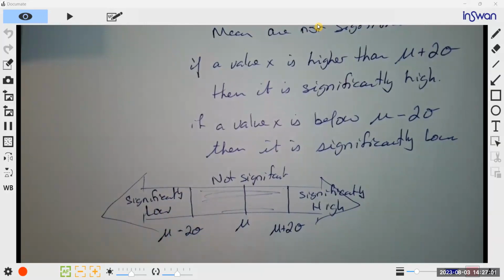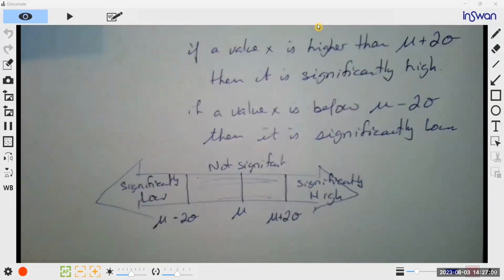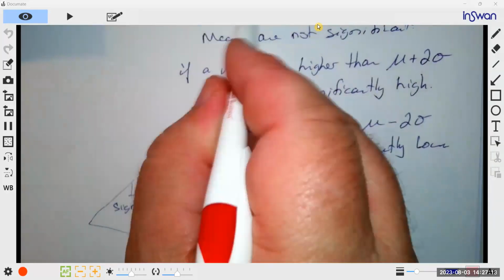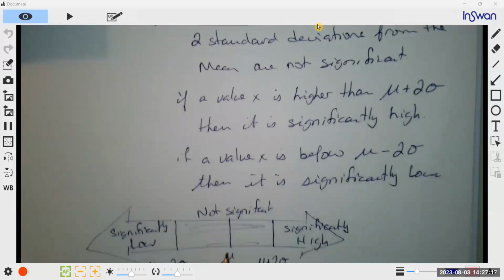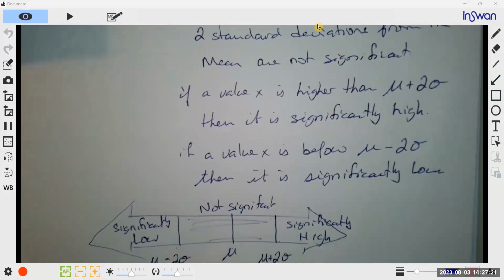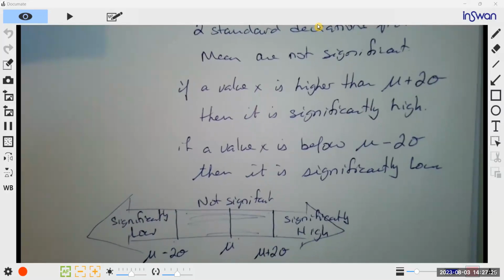And here it's significantly low. This is just a guideline, so don't take it as a law. So that's the rule of thumb. Once you find the mean, find the standard deviation, add 2 standard deviations, subtract 2 standard deviations, and those are your cutoff points. Any values that are above those or below those are significant.